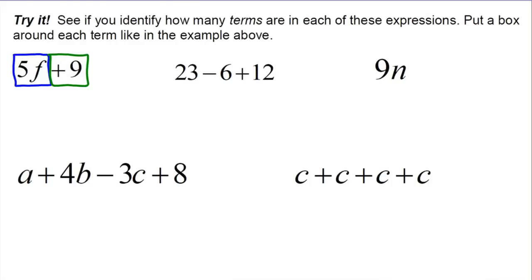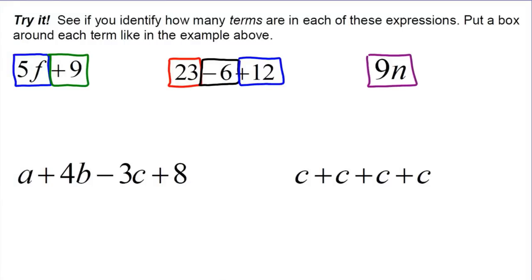The next one, 23 minus 6 plus 12, this expression as written has 3 terms in it. 23 minus 6 plus 12. 3 terms, 3 things going on in this expression. The next one, 9n. Again, that's multiplication, so this is just one single term. There's only one term here.